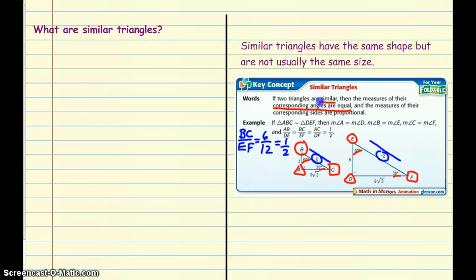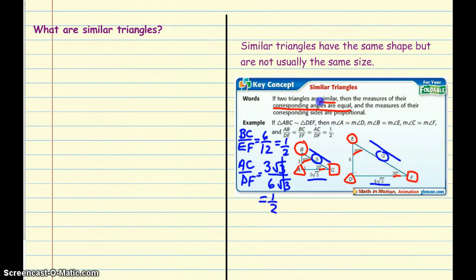And then if we look at side AC, it corresponds with side DF. We set 3 square root of 3 over 6 square root of 3, and we simplify. The square roots of 3 cancel each other out, and 3/6, as we know, becomes 1/2.